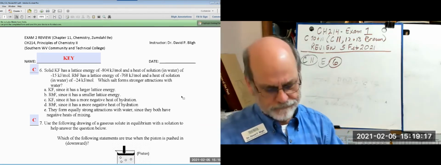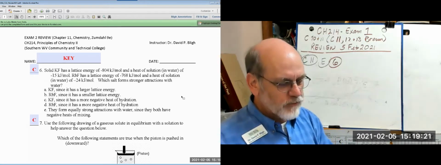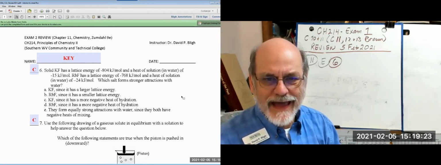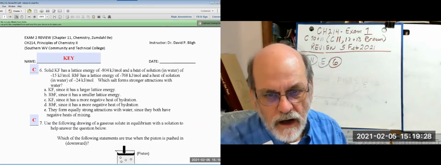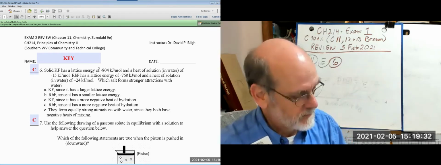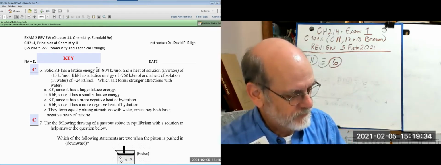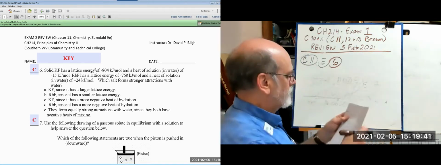What do we know? All right. So for the KF, we're saying here, let's see, lattice energy for KF is minus 804 kilojoules per mole.